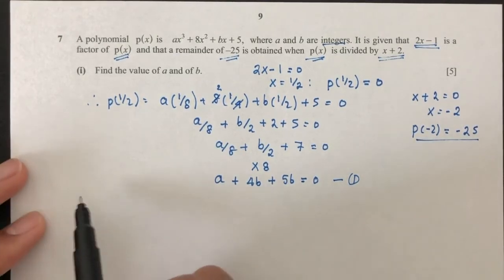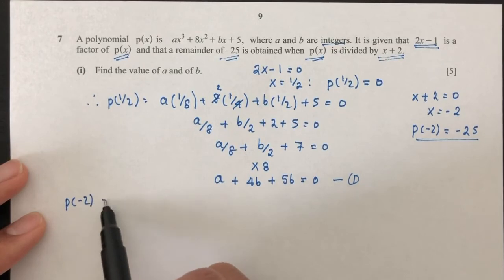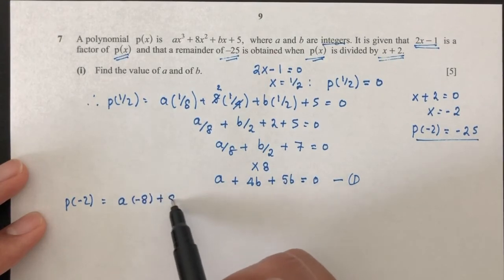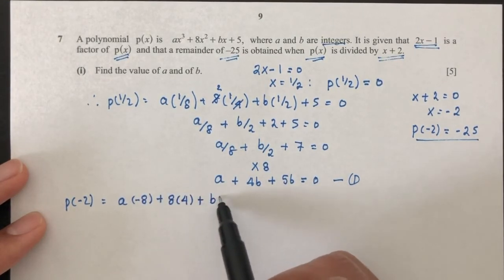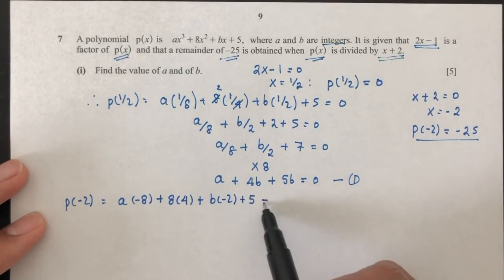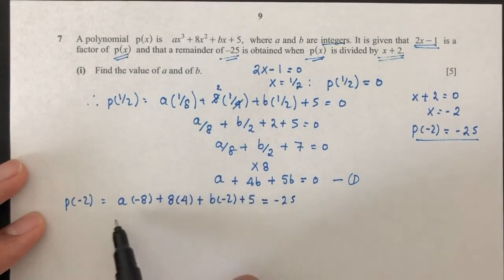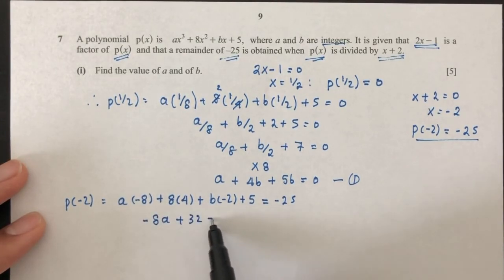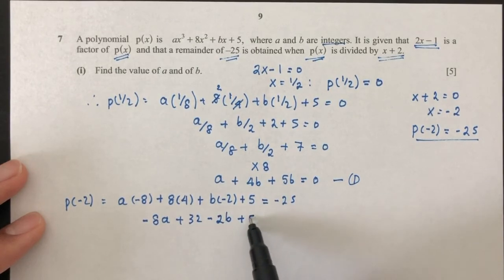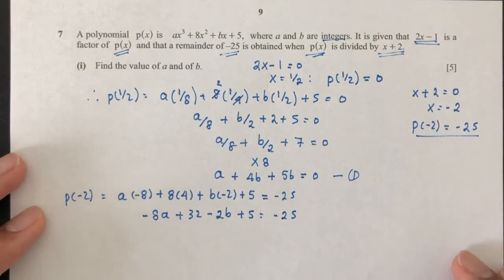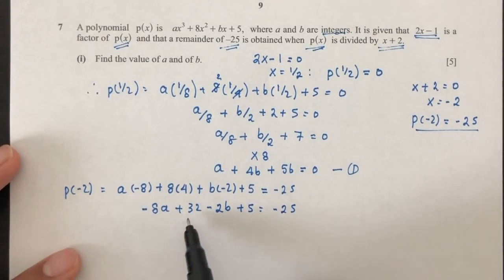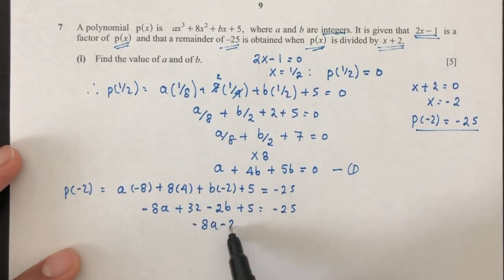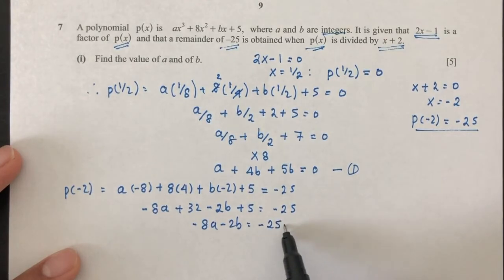So let's use that. P of minus 2 will be a times minus 8 plus 8 times 4 plus b times minus 2 plus 5 equal to minus 25. Let's simplify. Here we'll have minus 8a plus 32 minus 2b plus 5 equal to minus 25. 32 plus 5 will be 37, so minus 8a minus 2b equal to minus 25 minus 37.